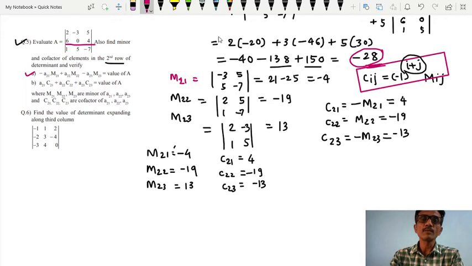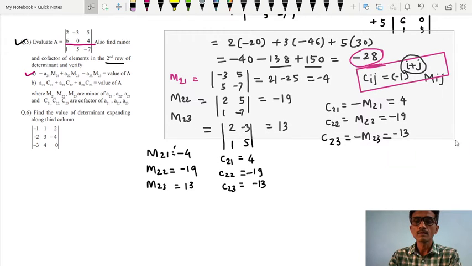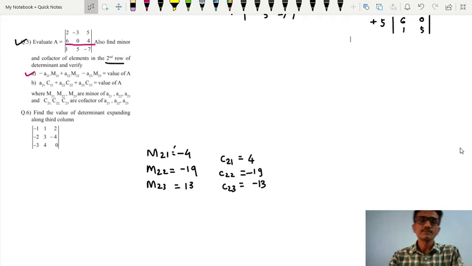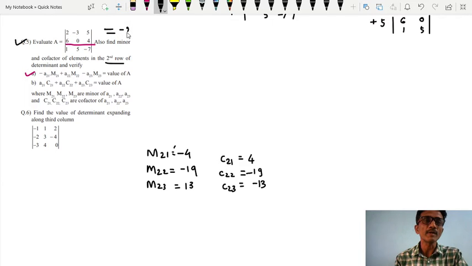Now the value of the determinant is minus 28. Now we will verify this.